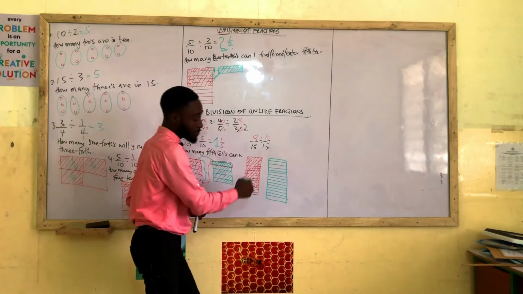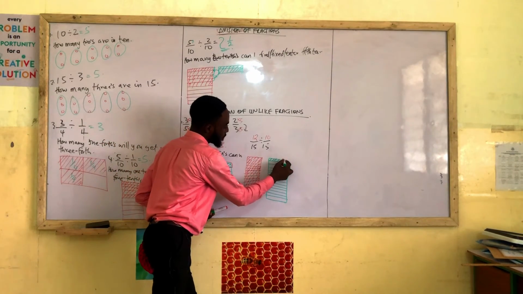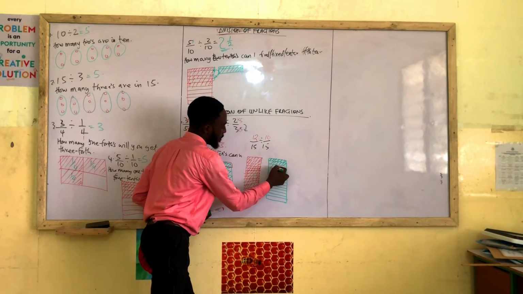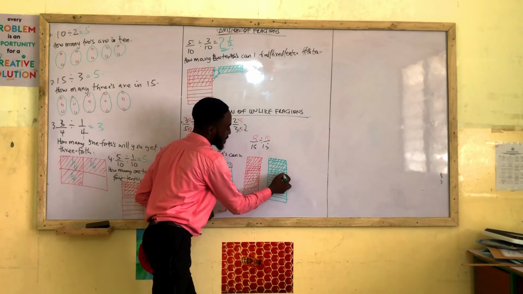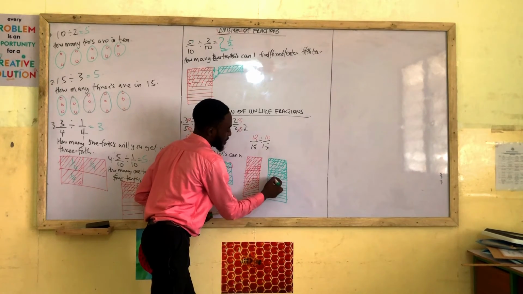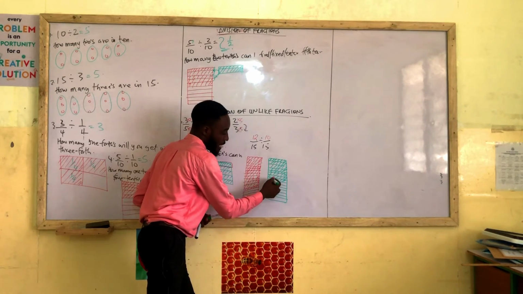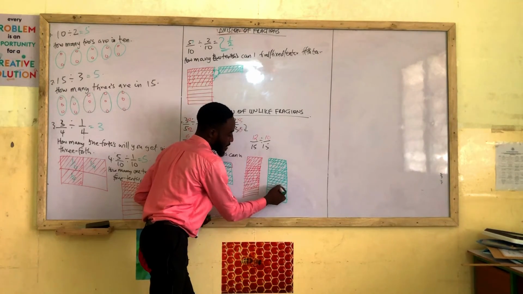Then we need 10 to get a 10/15. So 1, 2, 3, 4, 5, 6, 7, 8, 9, 10. Make sure I don't do more than enough.